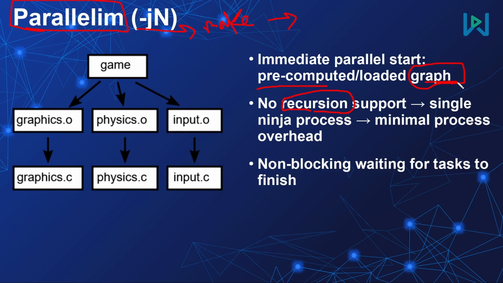Hence, it will be able, first of all, to start right away executing the different rules, each one within a separate thread. Second, we'll have a single process to execute our Ninja tool. And out of this process, we'll be able to create a set of threads. Each one will execute a separate Ninja rule.